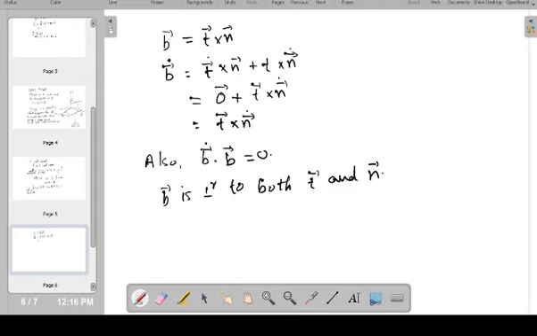B dot is perpendicular to B. Let us write it that way: B is perpendicular to B dot.